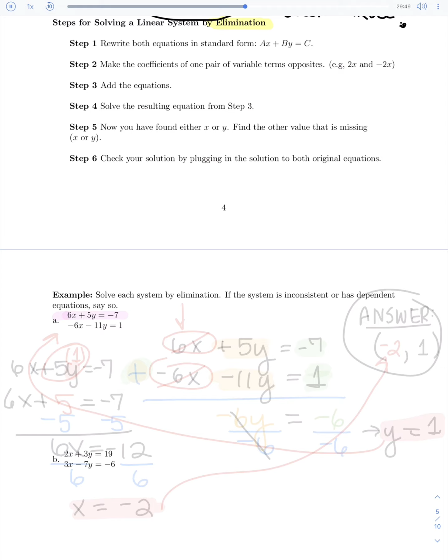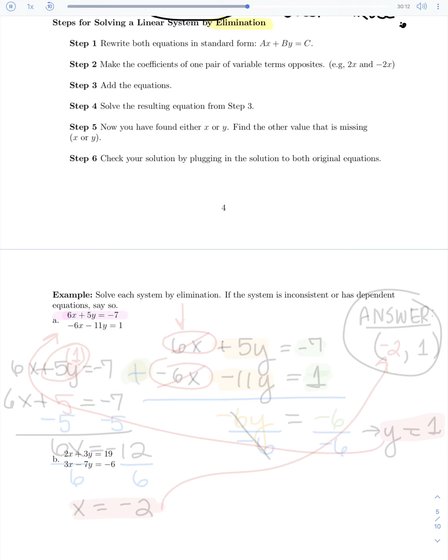And we will use substitution and elimination later at the very end of this course, in chapter 7, I believe. Or at least, if you don't see it again in this course, you'll see it in college algebra. So this first problem, problem A, is already set up for elimination. Why is that?